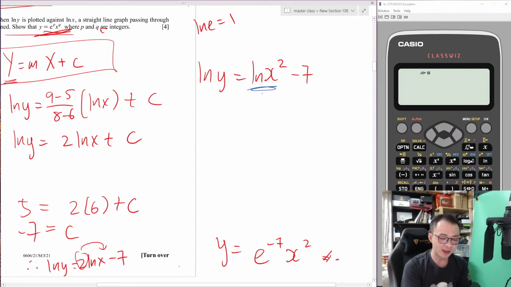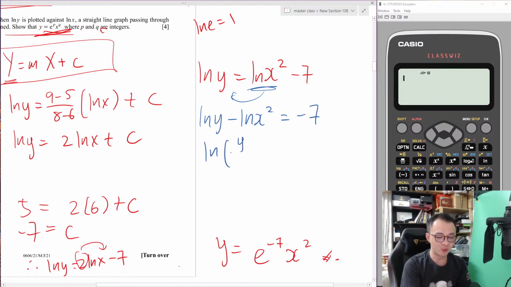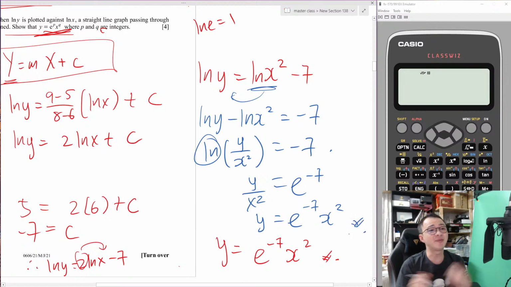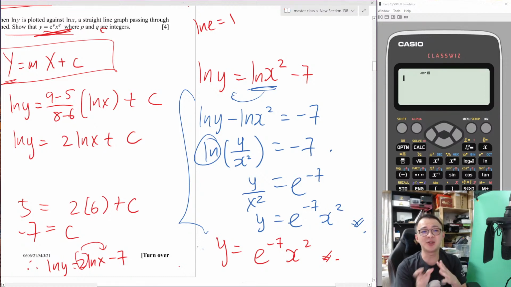So this one I move to the other side, becoming ln y minus ln x squared equals negative 7. Then I factorize out the ln, so ln of y over x squared equals negative 7. Then ln moves to the other side, becoming exponent, y over x squared equals e to the power of negative 7. Then y equals e^(-7) x squared. You still get the same result. If you think this method is easier for you to understand, go ahead and do it, because eventually you will still get the same result here.